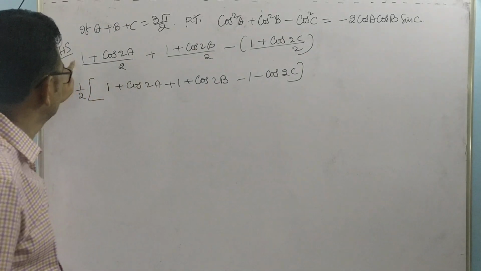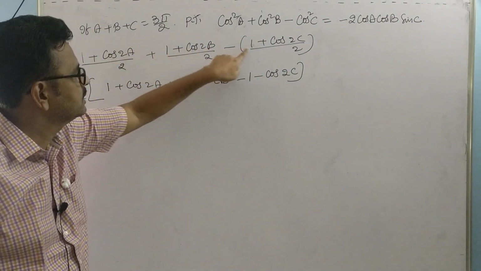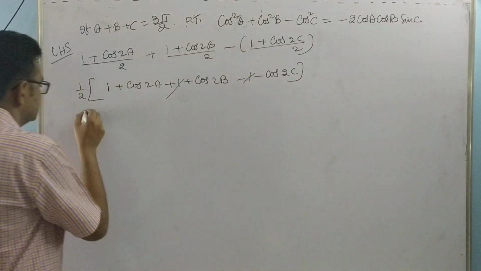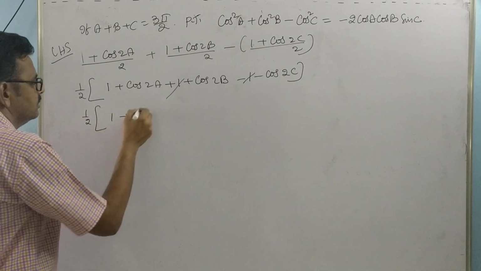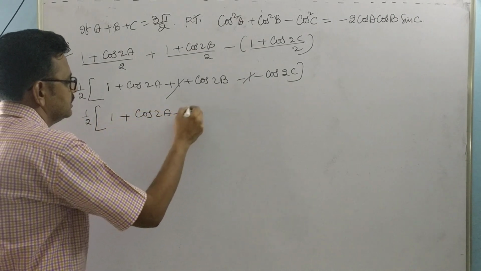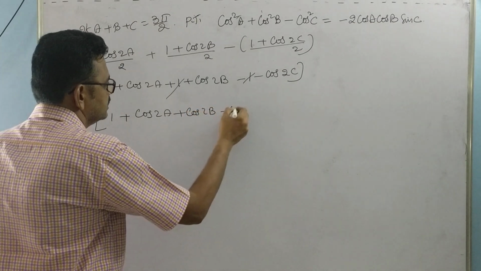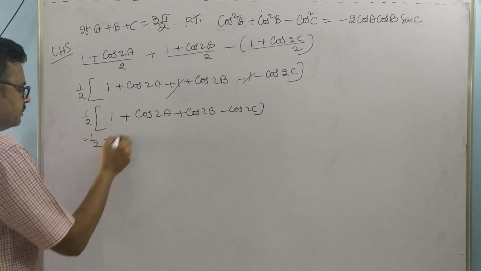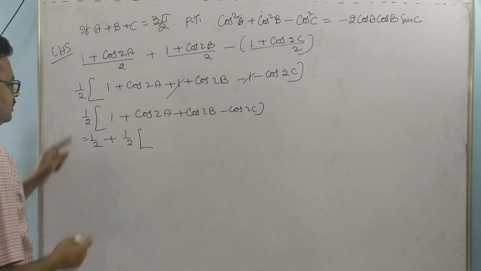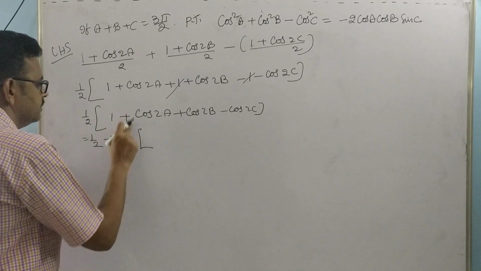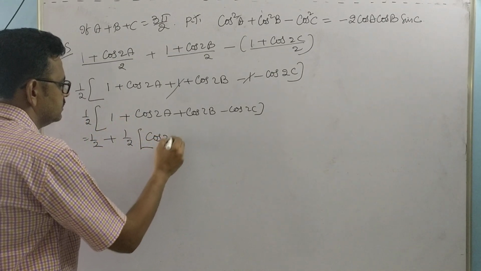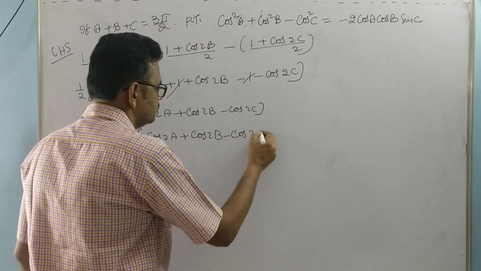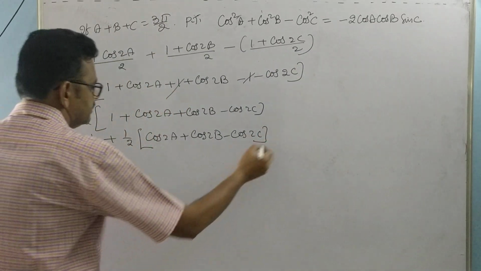These two 1s cancel. That is equal to 1 by 2 of (1 plus cos 2A plus cos 2B minus cos 2C), which is 1 by 2 plus 1 by 2 of (cos 2A plus cos 2B minus cos 2C). Let this be 1.